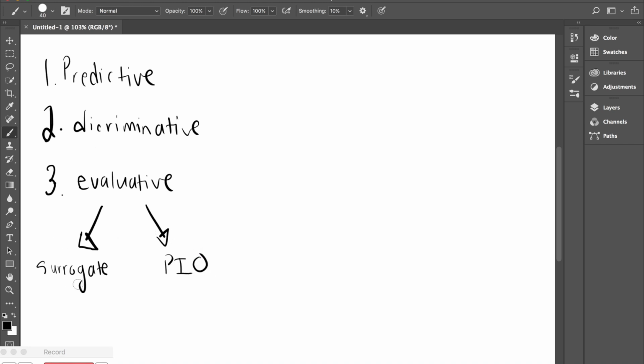Well, let's take a look at surrogate outcomes first. Essentially, surrogate outcome measures are those outcome measures that aren't exactly directly important to patients, right? But they're believed to predict that outcome that is important to a patient. For example, we can look at heart disease, right?